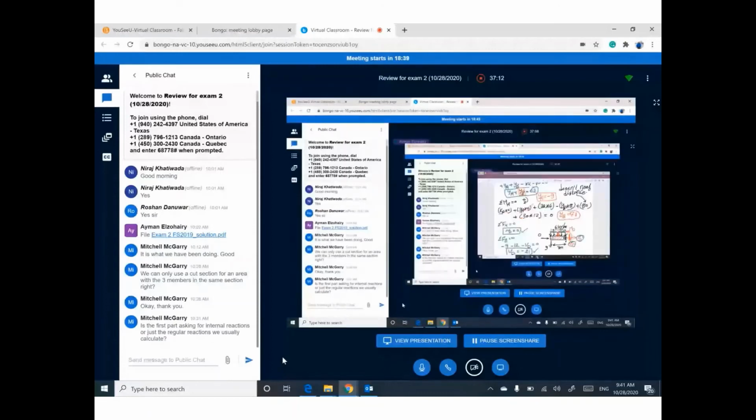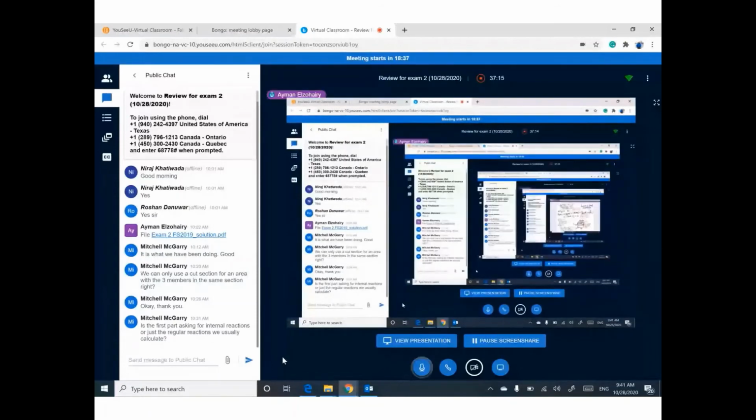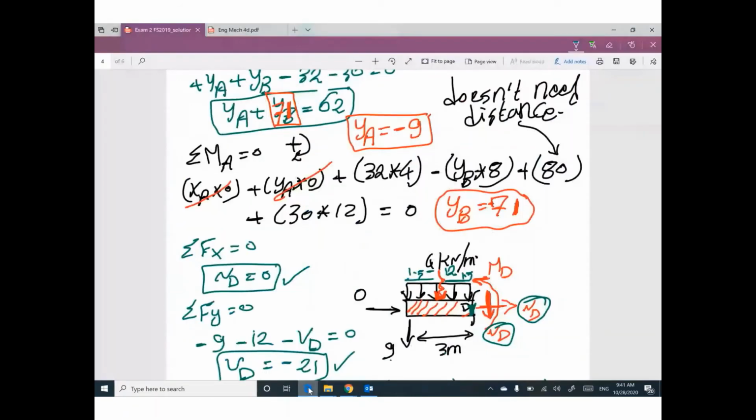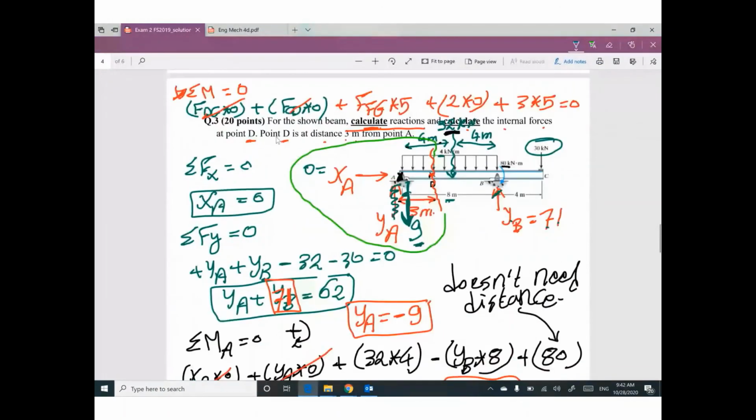We don't have something called internal reactions. This expression, I didn't mention this expression. We have supports, so we have reactions. We don't have an expression called internal reactions. Doesn't make any sense. What do you mean by internal reactions? Reactions mean support.